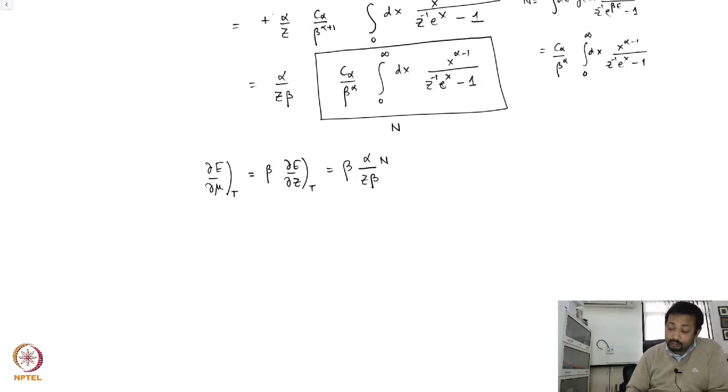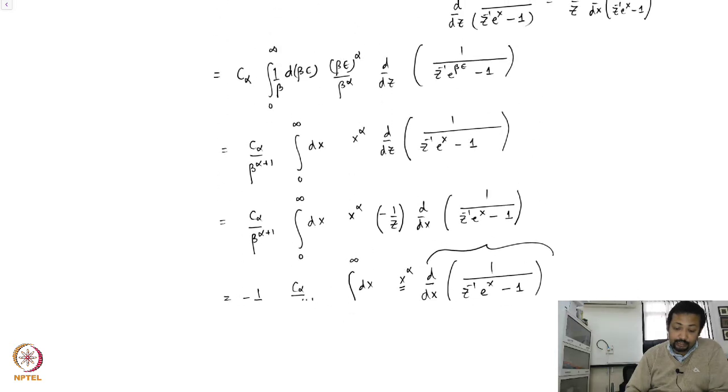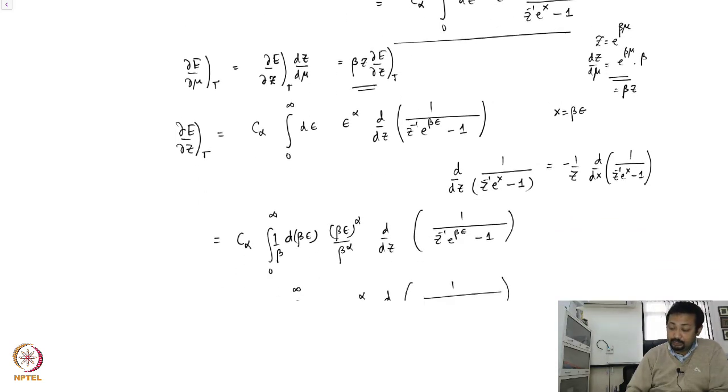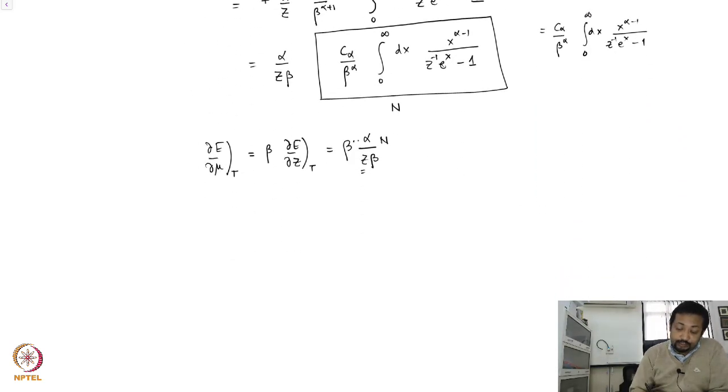So this looks slightly suspicious because in the denominator I have a z, so we go back and see where we have done the mistake. And it's over here. We did the derivative correctly, so that this is going to be beta times z. We have to include a beta times z here, so that this expression is beta times z, and this is going to be alpha times n. So that del E del mu comes out to be a very simple and elegant expression, alpha times n.